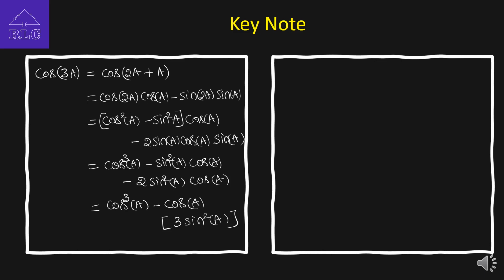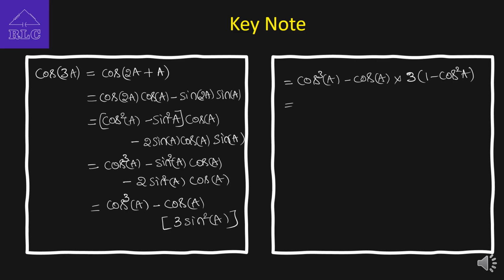Now if I rewrite the sin square a as 1 minus cos square a, so we will get the result as cos cube a minus cos a into 3 into 1 minus cos square a.